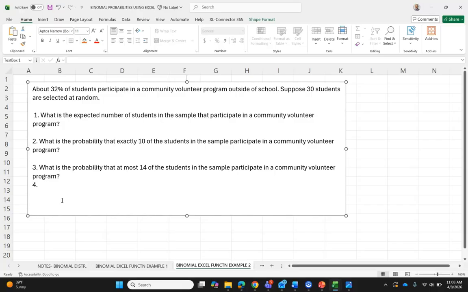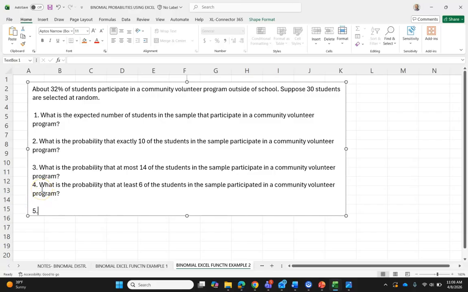So 4, what is the probability that at least, let me just pick a number, at least 6 of the students in the sample participated in a community volunteer program. So we're looking at the probability at least, and let me add one more.